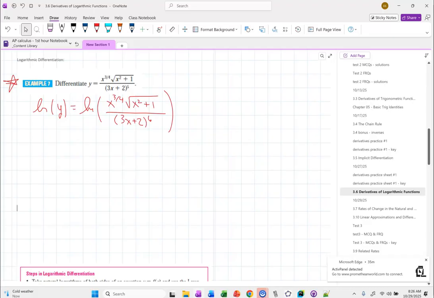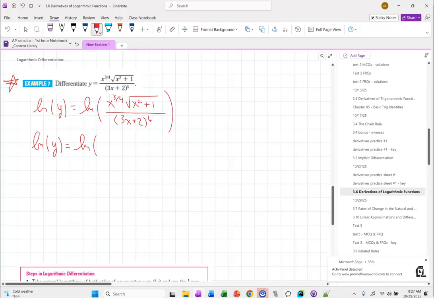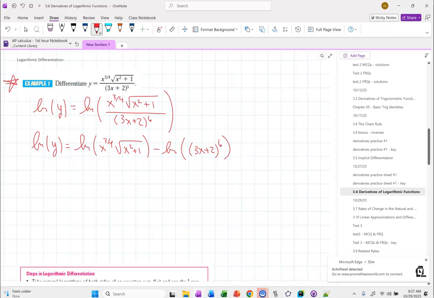So if I look here, I see a quotient property. So that's going to turn into the natural log of the numerator minus the natural log of the denominator. Everybody feel good there? In this logarithm, I see I have a product property.